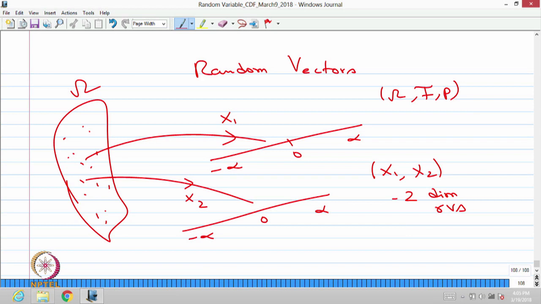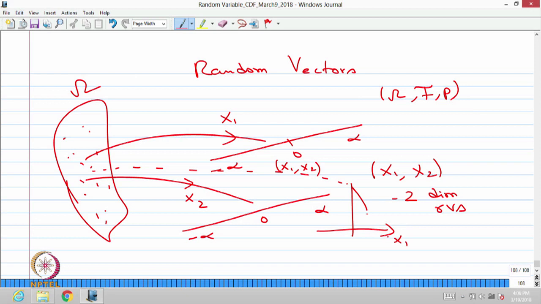On the same omega, (x1, x2) is defined such that the possible values lie in the two-dimensional plane.